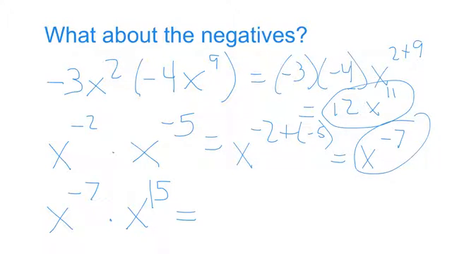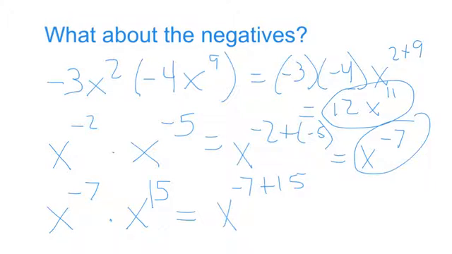Here we have x to the negative 7 plus 15. When you have opposite signs being added, a positive and a negative, you take the larger number in terms of absolute value, subtract the smaller number, and the answer will have the sign of the larger number.